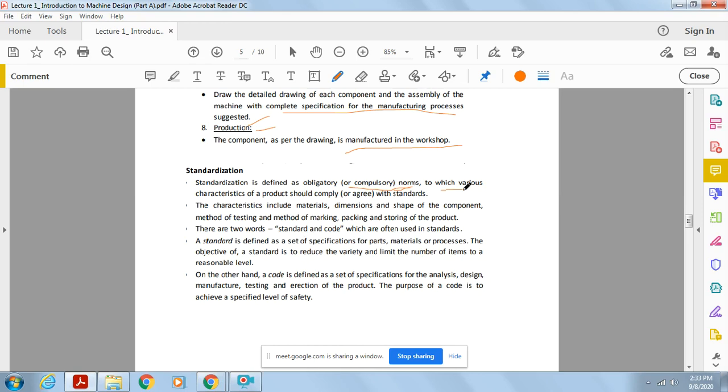Standardization means the various characteristics of a product should comply with these standards. The key characteristics include material selection. When the stress amount and temperature go to a certain range, there is one material already specified in the IS code.